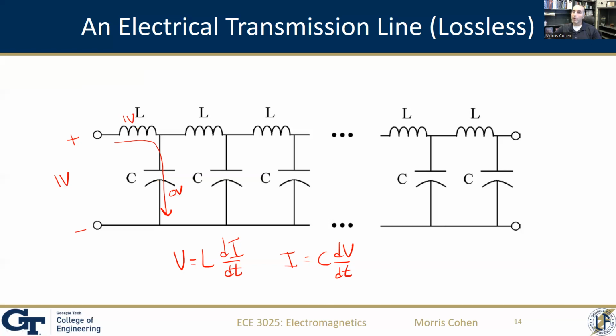Okay? However, wait a little bit of time. This voltage appearing across the inductor, by definition, means that there must be some current that's going to start to flow, right? So a little bit of current is going to start to flow through the inductor, and where is it going to go? It's not going to go to the next inductor, because this inductor does not like changing currents.